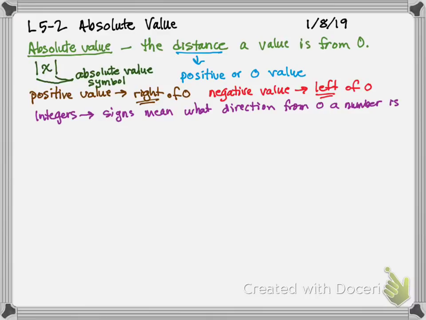Okay. So if we have the absolute value of -5, so again, I'll read that: absolute value of -5. What that's actually saying for us is how far from 0.